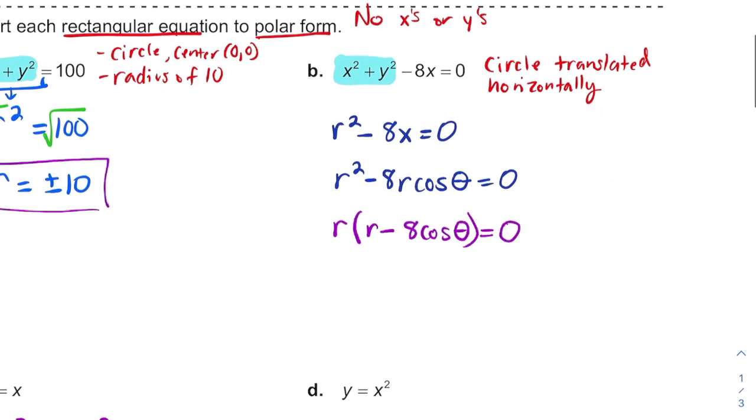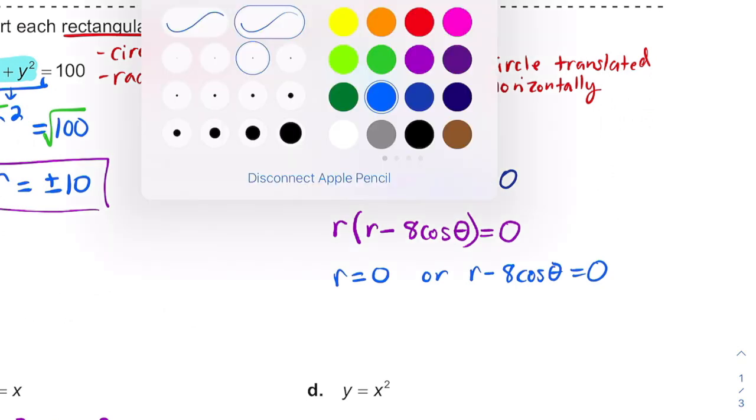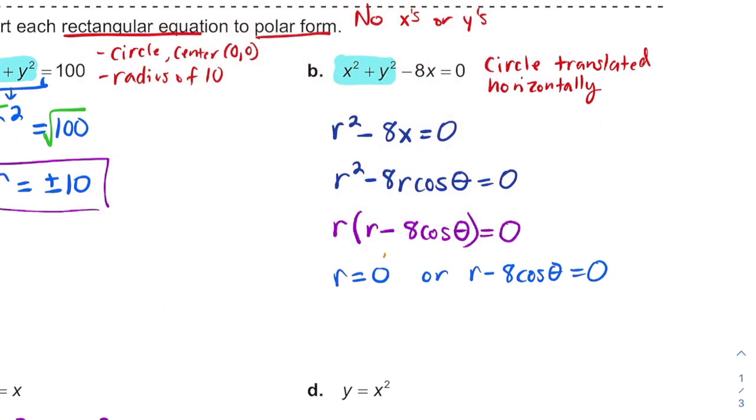What we're going to do next in the process is, with factoring, whenever we factor something, we can take both pieces and set them equal to 0. So this means r equals 0, or r minus 8 cosine theta is equal to 0. Here, r equals 0 just means a circle with radius of 0. That's nothing, so we can ignore that.